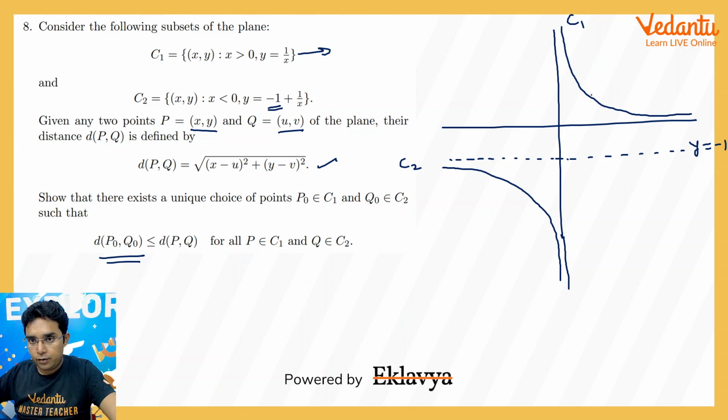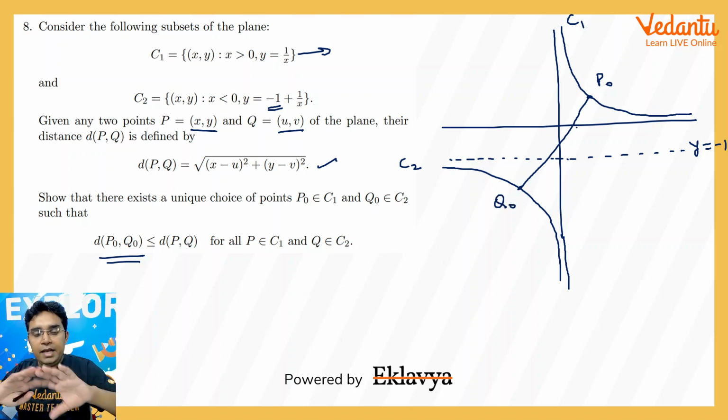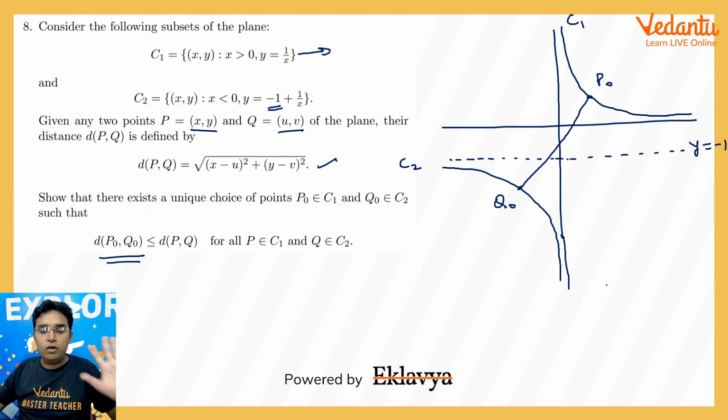Now please listen carefully. Actually we need to find a point P naught here and maybe Q naught here so that the distance between these 2 points is least possible among all possible pairs, one of the points lying on C1 and the other point lying on C2. That is what we need to prove.